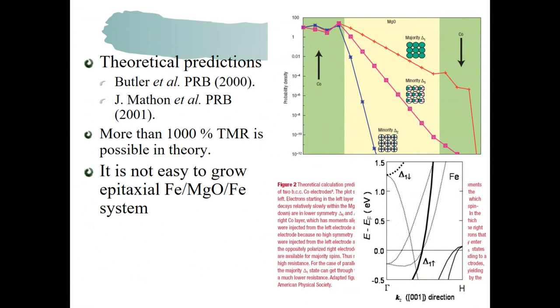So, okay, let me make it clear. If we think about the delta 1 band only, 100% polarization is correct. But there is still some mixing of other band structure. And this is only for one direction of the Fermi level, the full band structure.